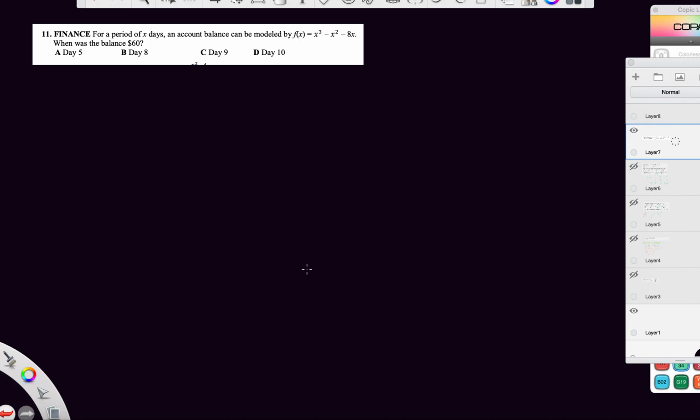So you're going to input the function, you're going to go to y equals on your calculator, you're going to put in this function, x cubed minus x squared minus 8x, right?